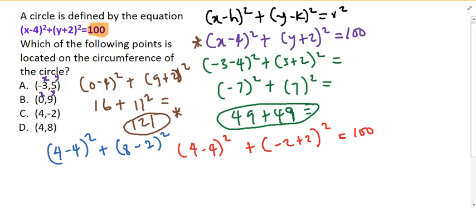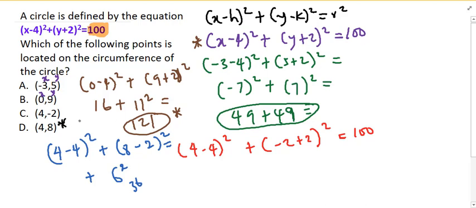Okay, so let's continue. 4 minus 4 is 0, so 0 squared plus 8 minus 2 is 6, so 6 squared is 36. Okay, let me just review something. Okay, let me try the last point again.